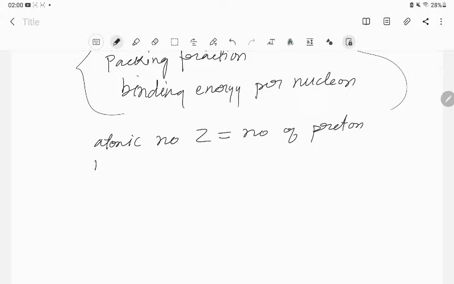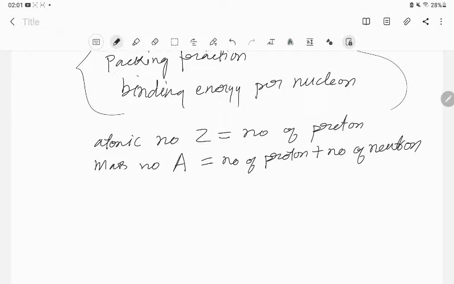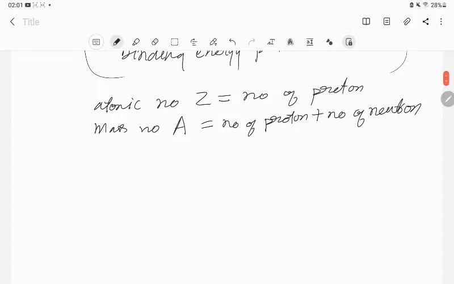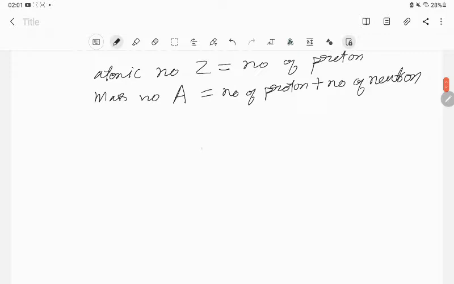And the mass number, denoted by capital A, is equal to the number of protons plus the number of neutrons in the nucleus.